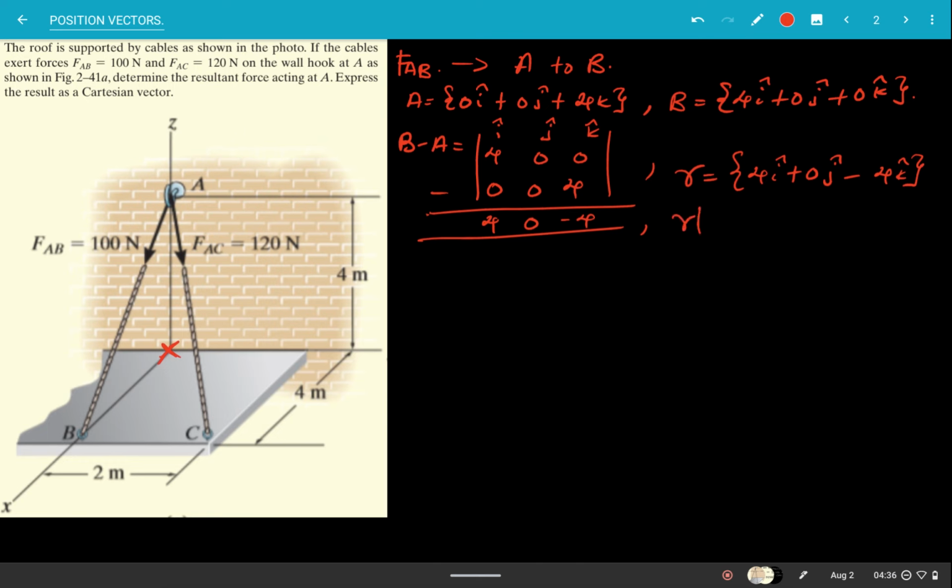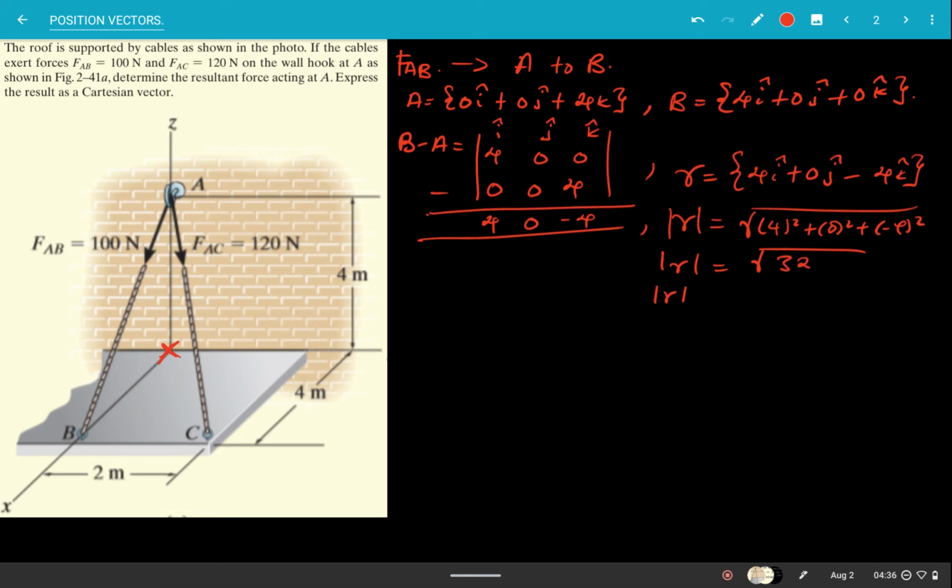So that's our position. Once we determine our position, all we're supposed to do is to now find the length. The length is equivalent to the absolute form of our position vector. So it's going to be 4 squared plus 0 squared plus minus 4 squared. The length is going to be the root of that, which is the root of basically 32.